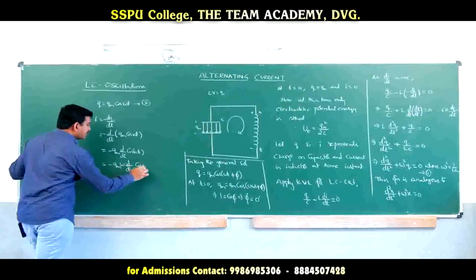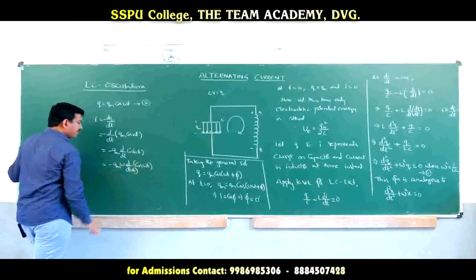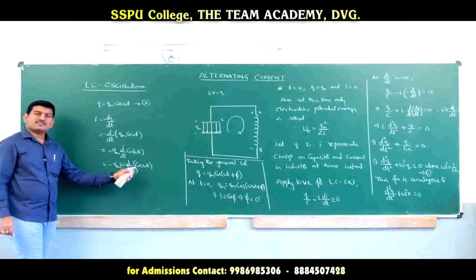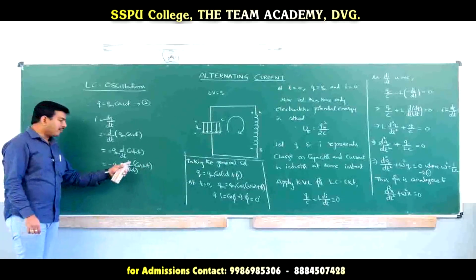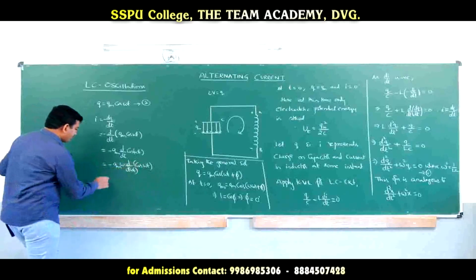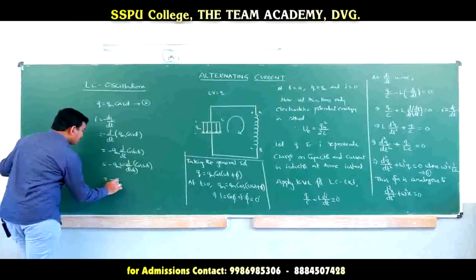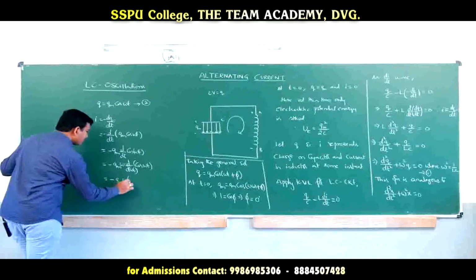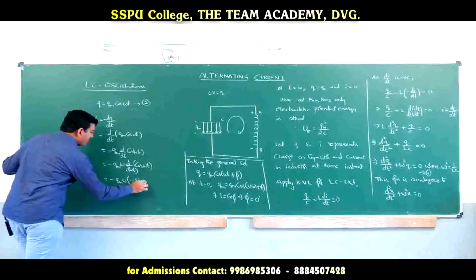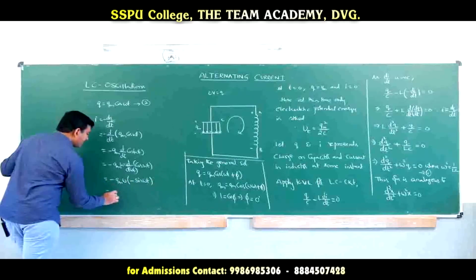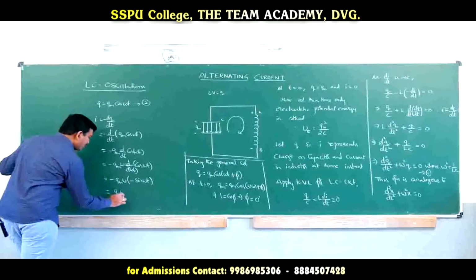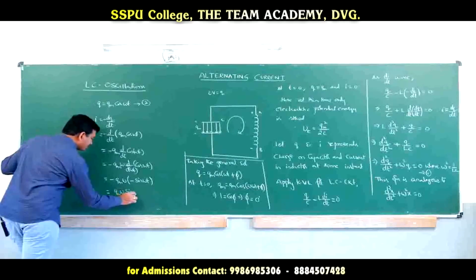D by dx of cos x is minus sin x, therefore, d by d omega t of cos omega t is minus sin omega t. Therefore, I can write it as minus qm into omega into minus sin omega t. If you see this, minus minus will go off, then I can write it as qm into omega into sin omega t.